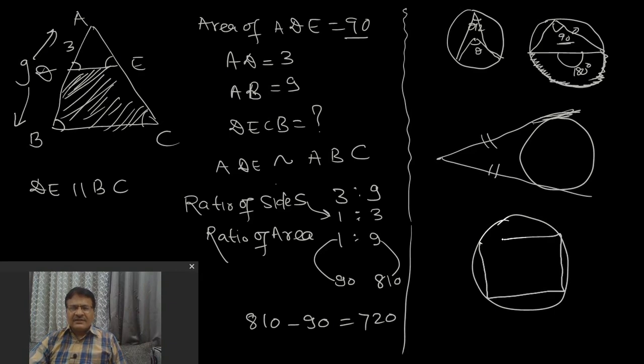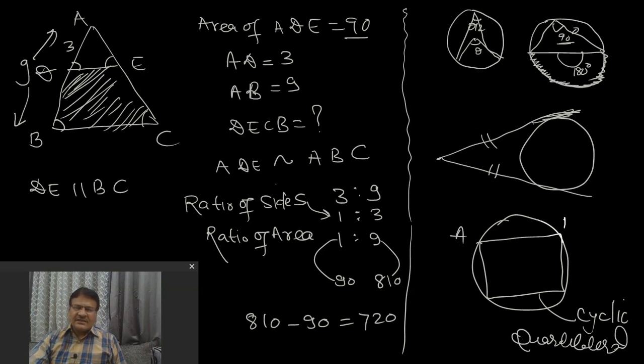This quadrilateral is known as a cyclic quadrilateral because its corners lie on the circle. Suppose this is A, this angle is B, this is C and this is D. The sum of opposite angles is always 180 degrees in a cyclic quadrilateral. I mean to say angle A plus angle C equals 180 degrees, and moreover angle B plus angle D again equals 180 degrees. Is that clear?